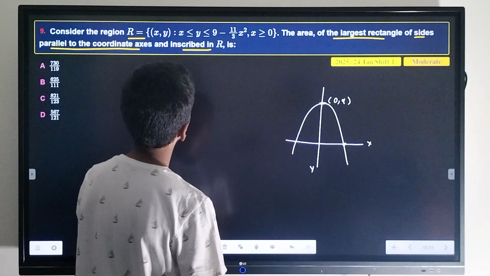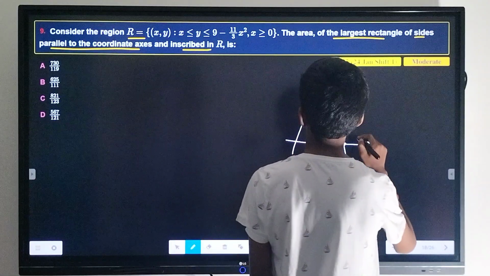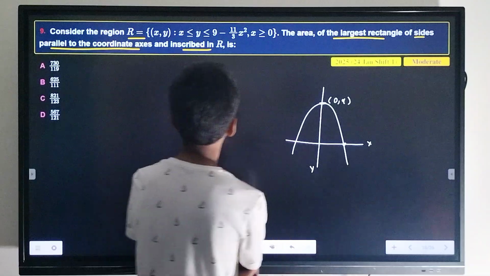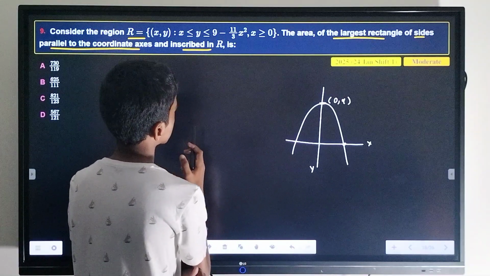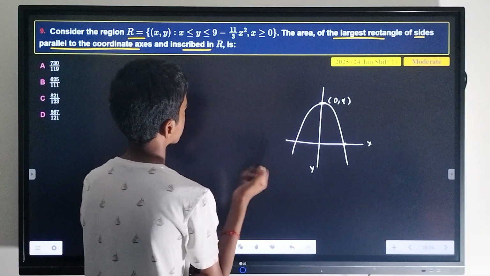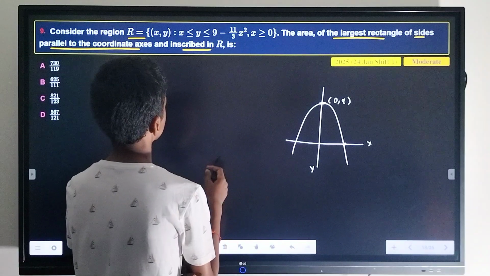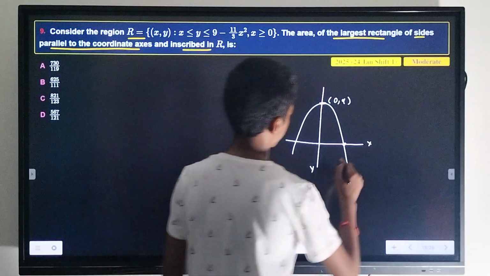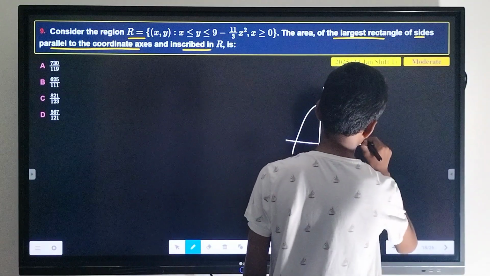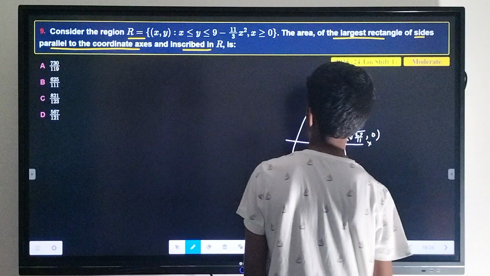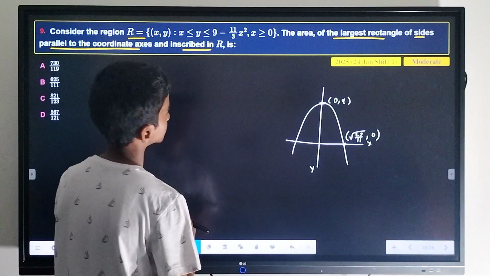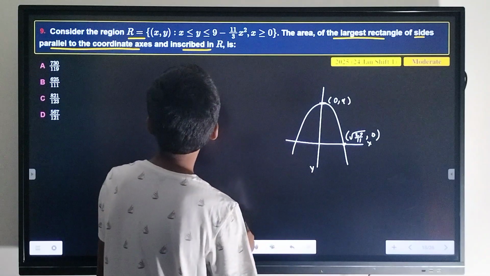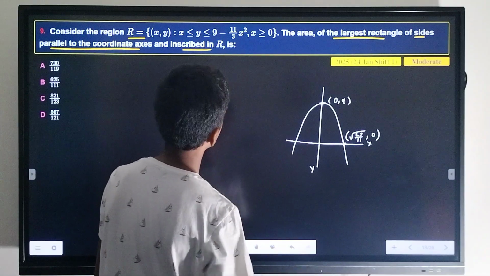At root 27 upon 11, y will be 0, so under root of 27 upon 11 comma 0. Let me recheck it. Yes, so here we have x is greater than or equal to 0.